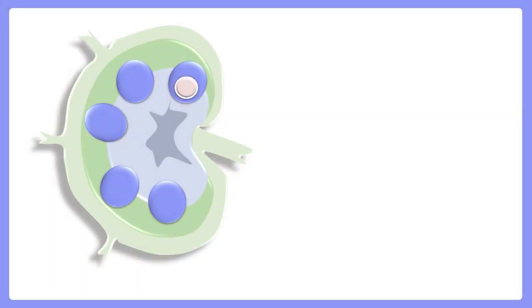This is where naive B cells gather to wait for antigens. And antigens are constantly being drained into lymph nodes from surrounding tissues. So let's take a look at what happens when a B cell comes across its matching antigen. Antigens within tissues hitch a ride on extracellular fluid and drain into a nearby lymph node.